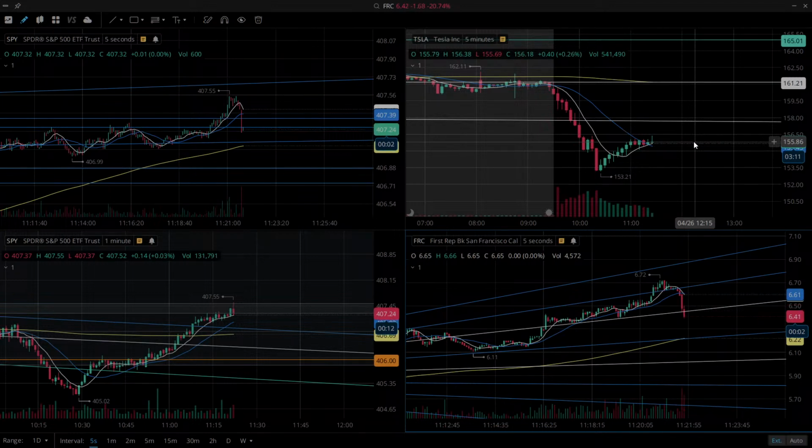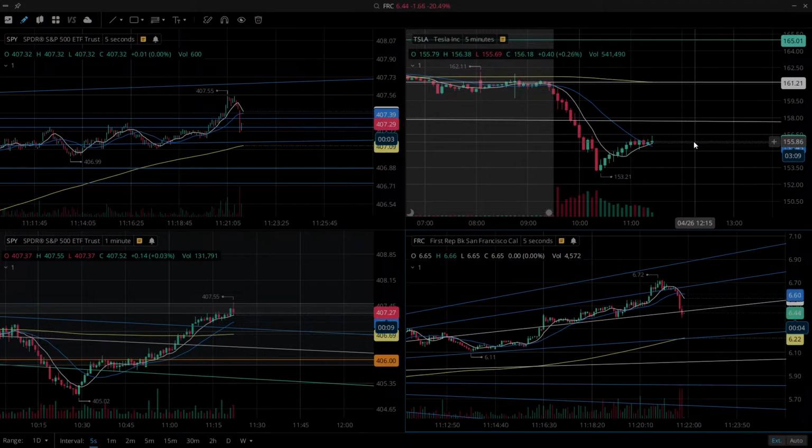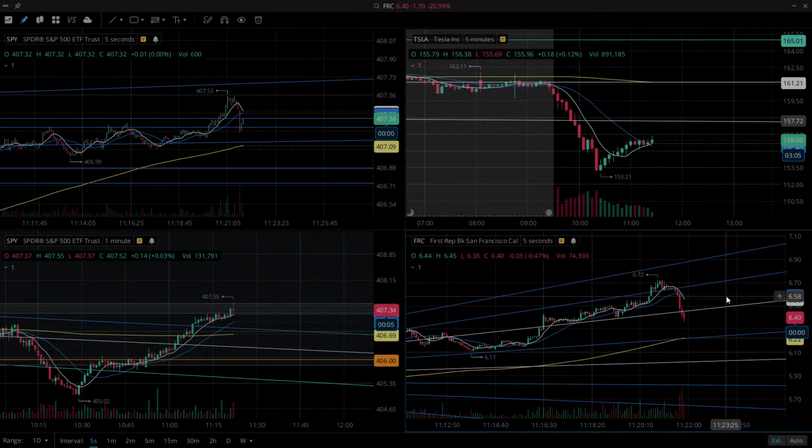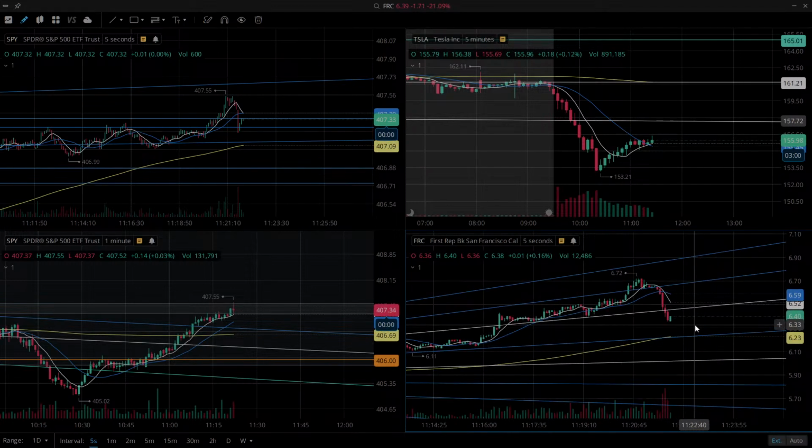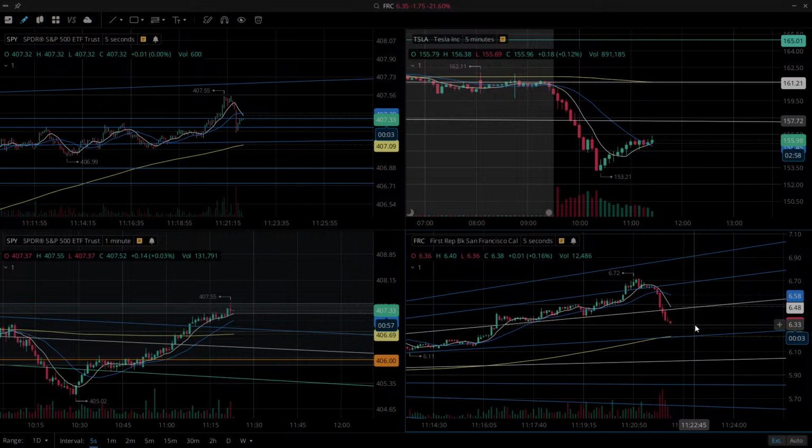It's just that pullback. There's a vacuum on the volume profile because of yesterday's drop that goes all the way to 41.26, 41.29. Those single prints, but we filled those in overnight.